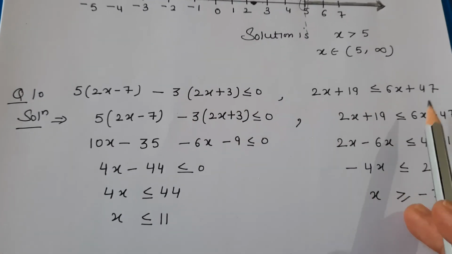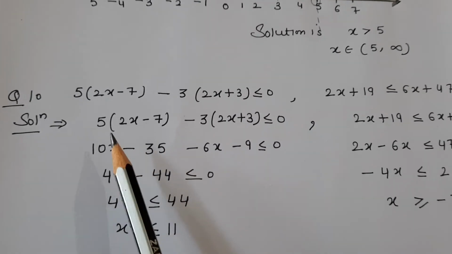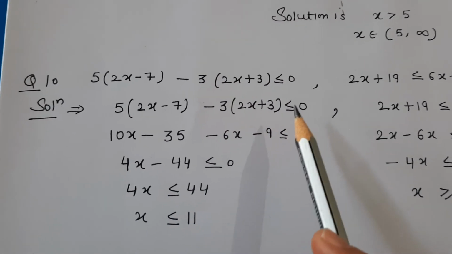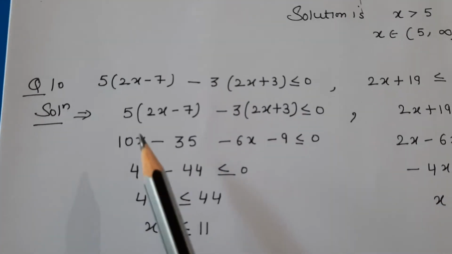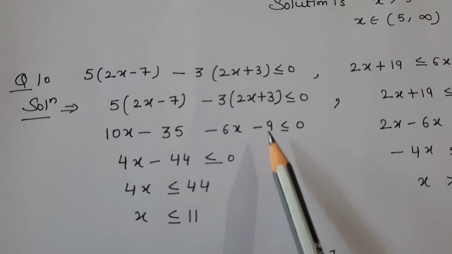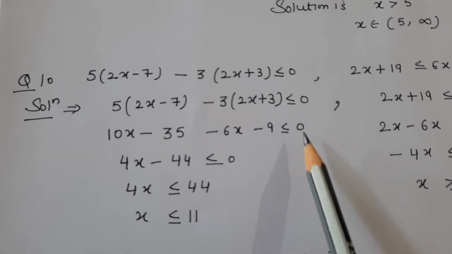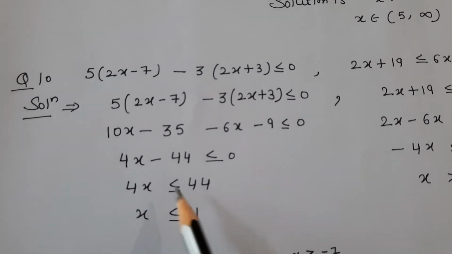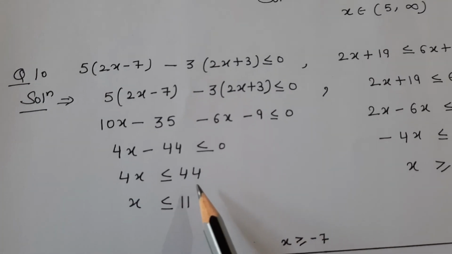You have to solve these two inequalities. First, 5 times 2x minus 7 minus 3 times 2x plus 3 is less than or equal to 10. So 10x minus 35 minus 6x minus 9 is less than or equal to 0. So 4x minus 44 is less than or equal to 0, or 4x is less than or equal to 44.